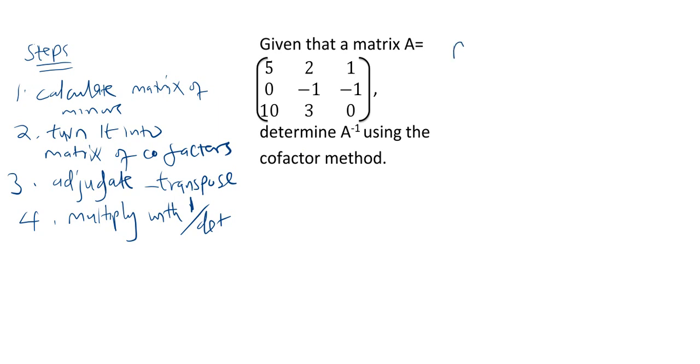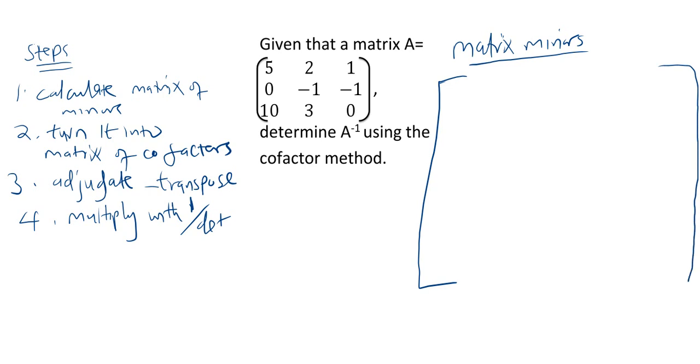First of all, now we calculate what we call the matrix of minors. To get the matrix of minors, you have to write the minor matrices for each element.